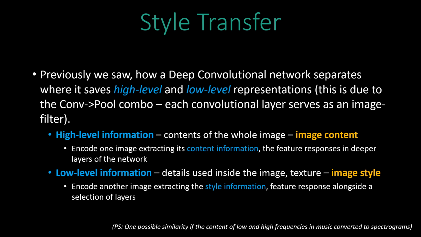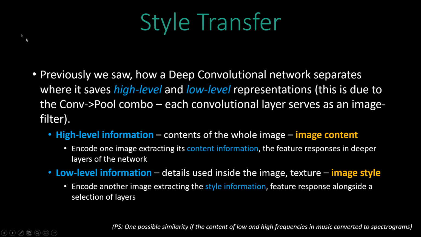And on the other side, we can talk about low-level information, details or information about texture or about images which contain maybe edges information, and talk about that on the side of image style. So we can use this intuition which comes out from the convolutional layers and take one image and encode it to receive its content information, and then perhaps take another image and extract the style information from that.